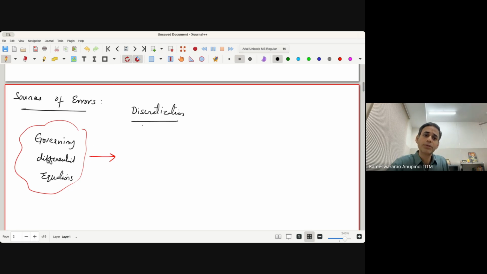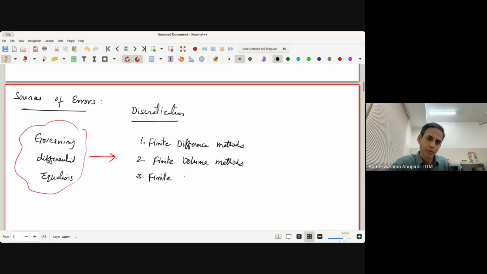So for that, we can make use of several methods. There are several methods to do the discretization. These are known as the finite difference methods, or you have finite volume methods, or you have finite element methods.